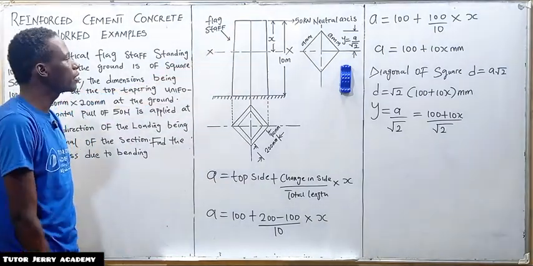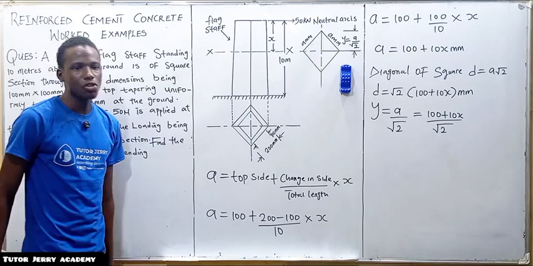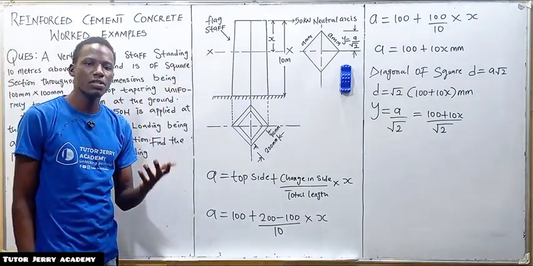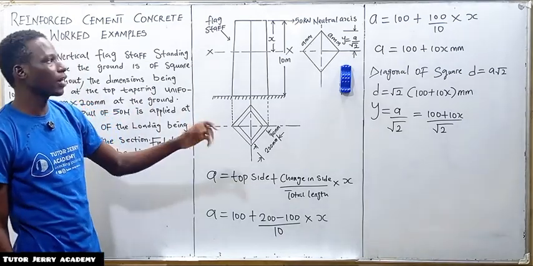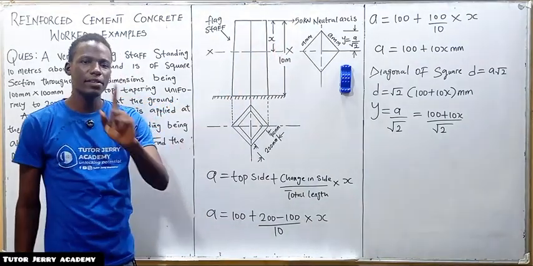If we take the bending moment about this section xx, it will be nothing but 50 multiplied by x. Don't forget, bending moment is nothing but force times perpendicular distance. This is the force and this is the perpendicular distance to the section where the moment is being taken.